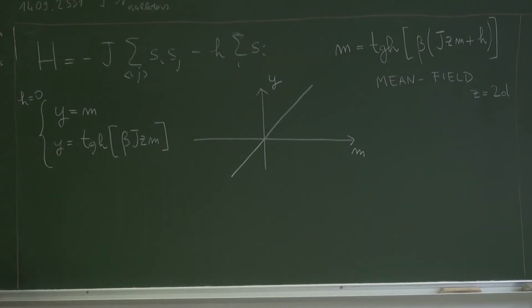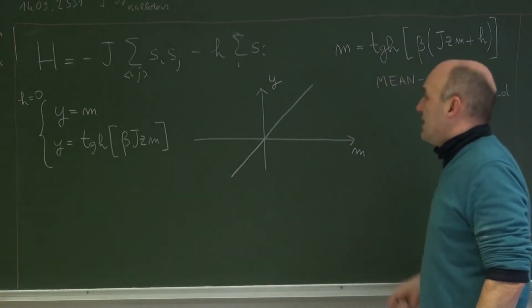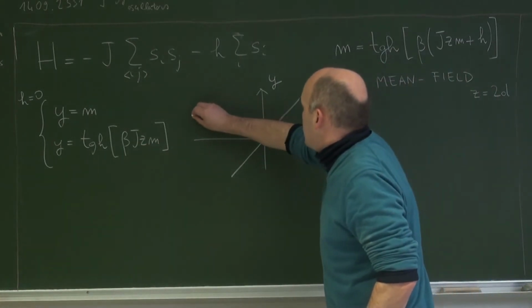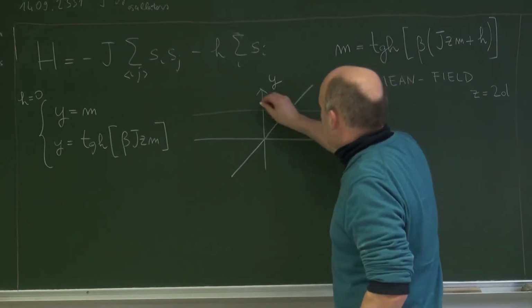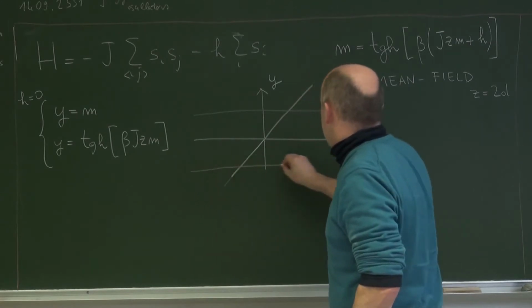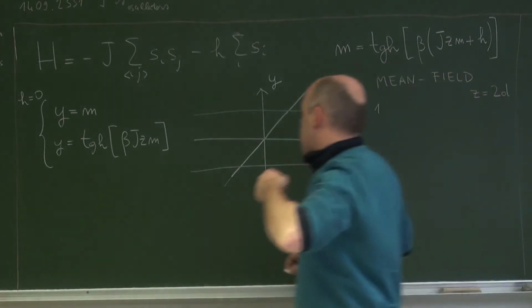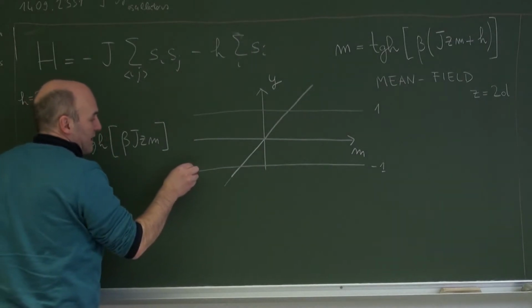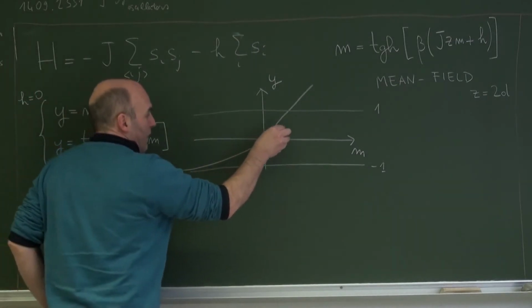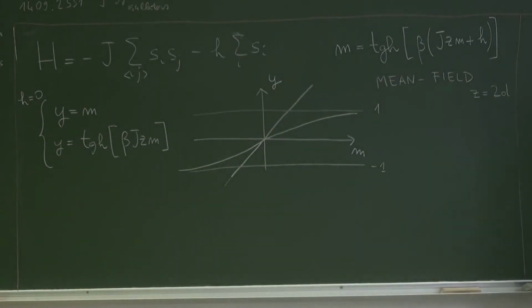You should recall how the hyperbolic tangent looks: when its argument goes to infinity, the hyperbolic tangent is equal to 1. So let's say that this is 1 and this is minus 1. The hyperbolic tangent has the following shape: it starts asymptotically here at minus 1 and goes to plus 1 at plus infinity.